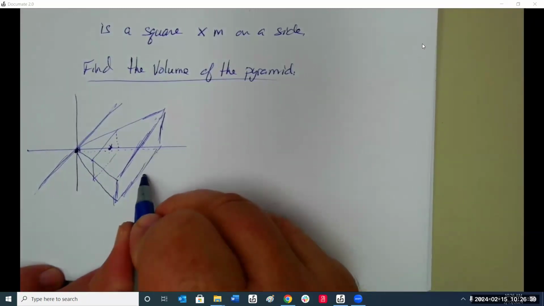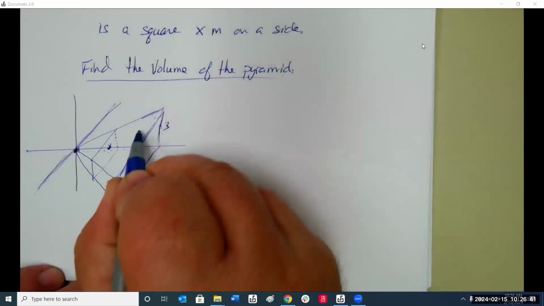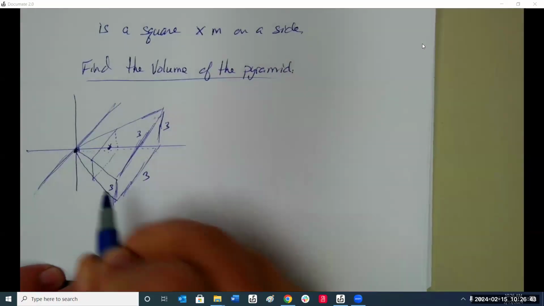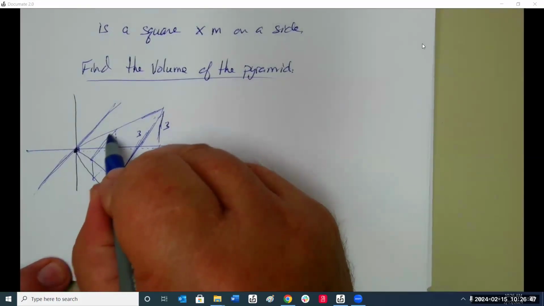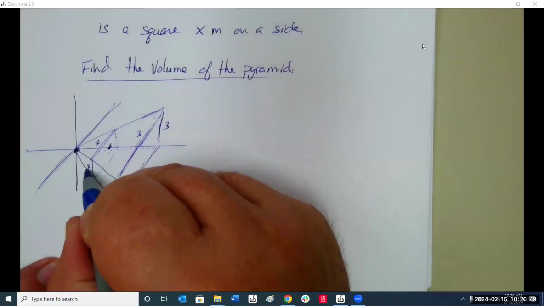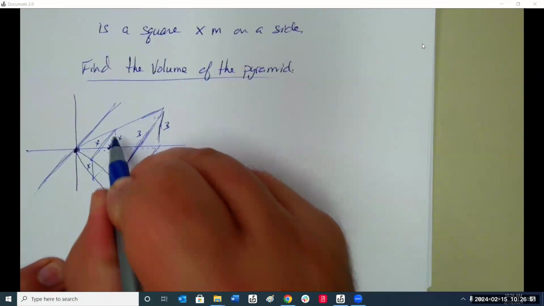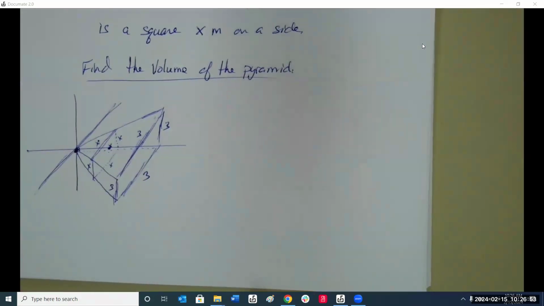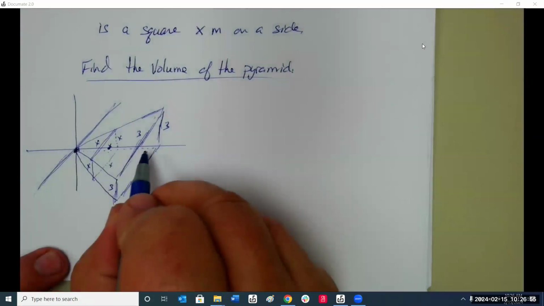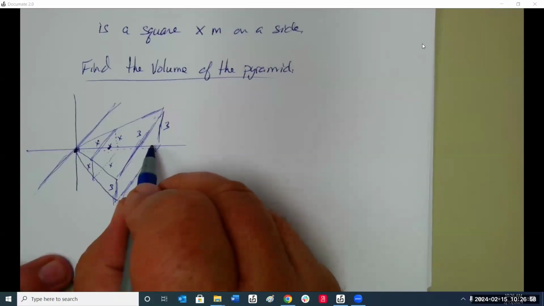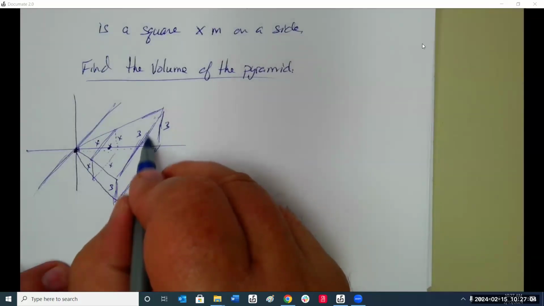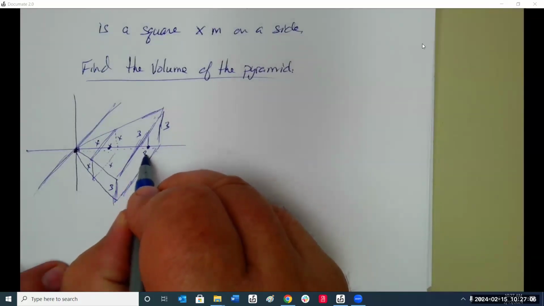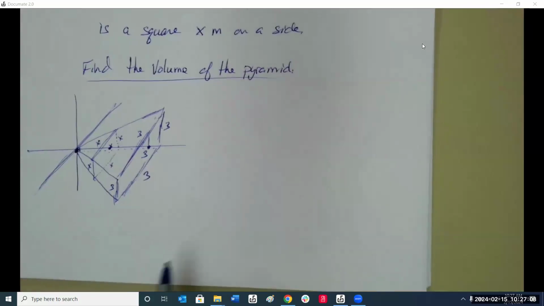So we know it's 3 meters here, 3 meters there, 3 meters there, 3 meters there. This is going to be all x's since we don't know what that is. And it crosses at 3.